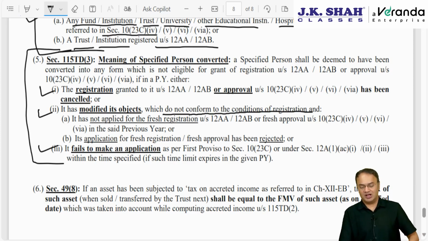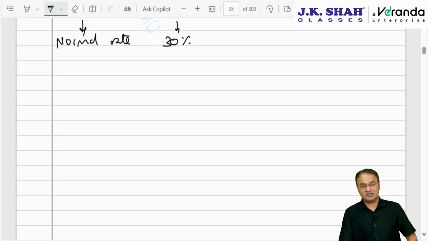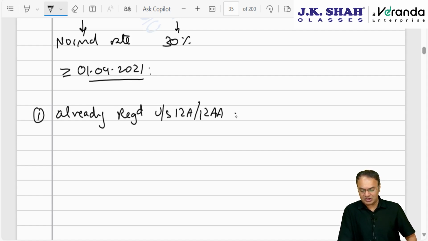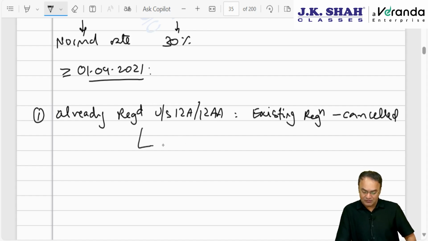If you recollect at the beginning of the chapter, in the previous session, part 1, we had discussed that from 1st April 2021 onwards, Nirmala Sitharamanji carried out a drastic amendment, whereby those trusts which were already registered under previous section 12A, 12AA, all these existing registrations will stand cancelled, and everyone will have to apply afresh.